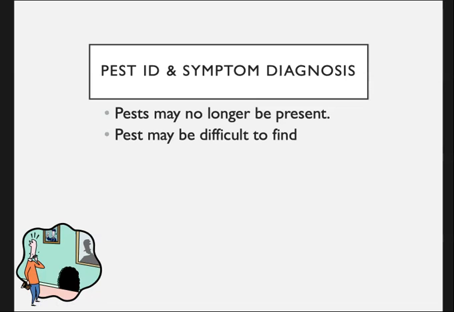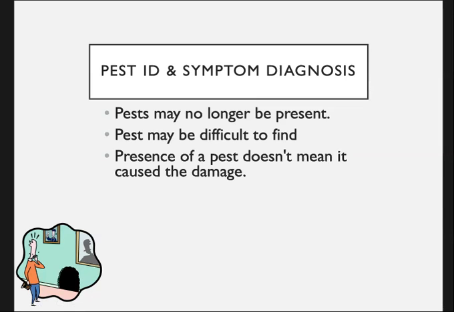The other challenge having to do with pest ID and diagnosis is the fact that the presence of a pest doesn't always mean that it caused the damage. A lot of damage looks similar, and so trying to figure out the who-did-it situation is often a big challenge that we run into.